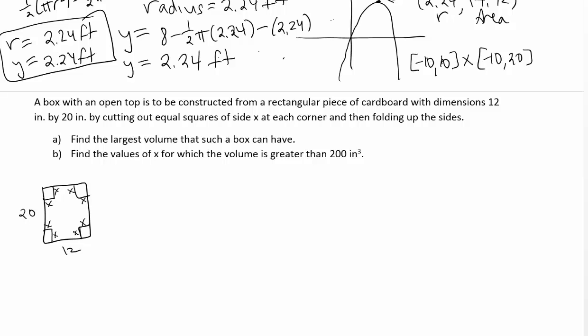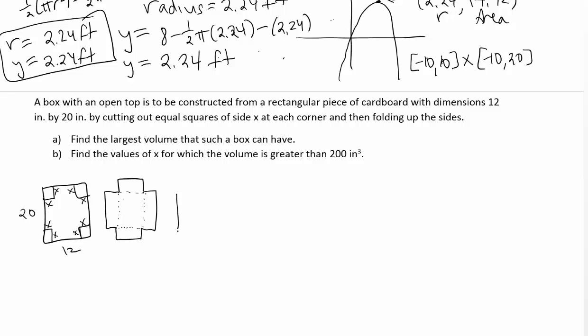So to visualize what's going to happen, imagine cutting out those corners. So now your little piece of paper is going to look like this. Okay? And then imagine folding along these little dashed lines. And that's going to create 4 little flaps that I'm going to fold up.